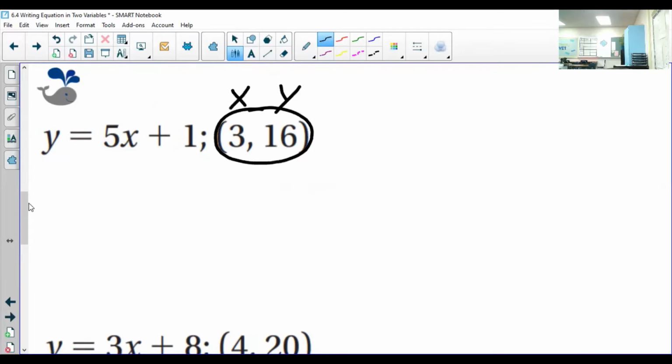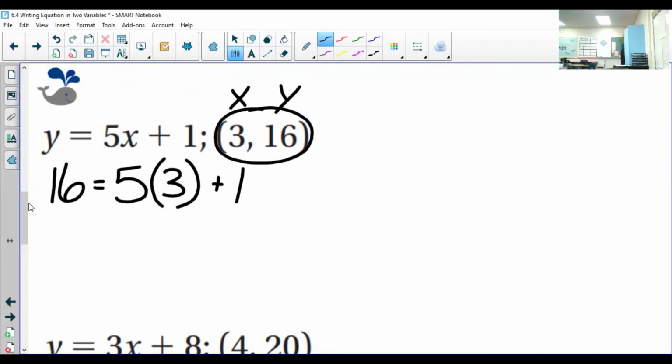And I'm going to come over to my equation. Y equals 16. So we're going to put a 16 here. Equals 5, x is 3, plus 1. So, does this side of the equation equal 16? Let's find out. 5 times 3 is 15.